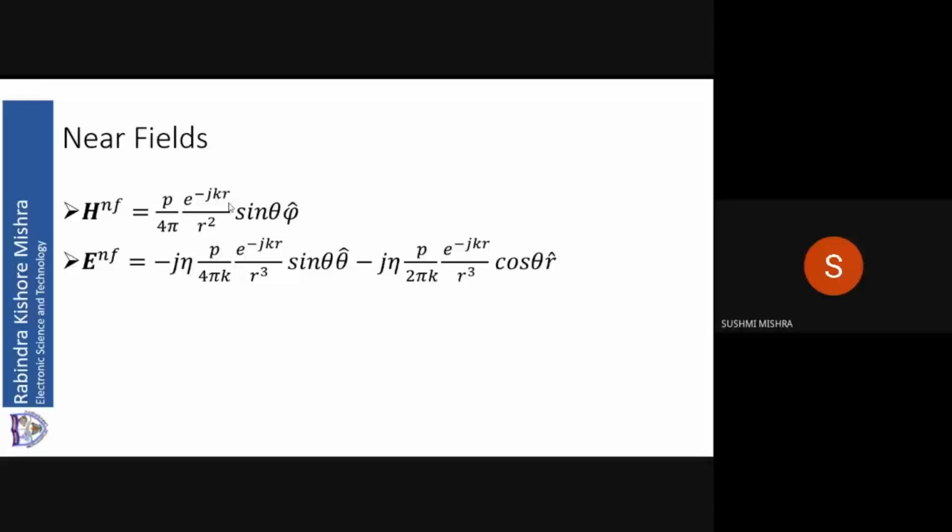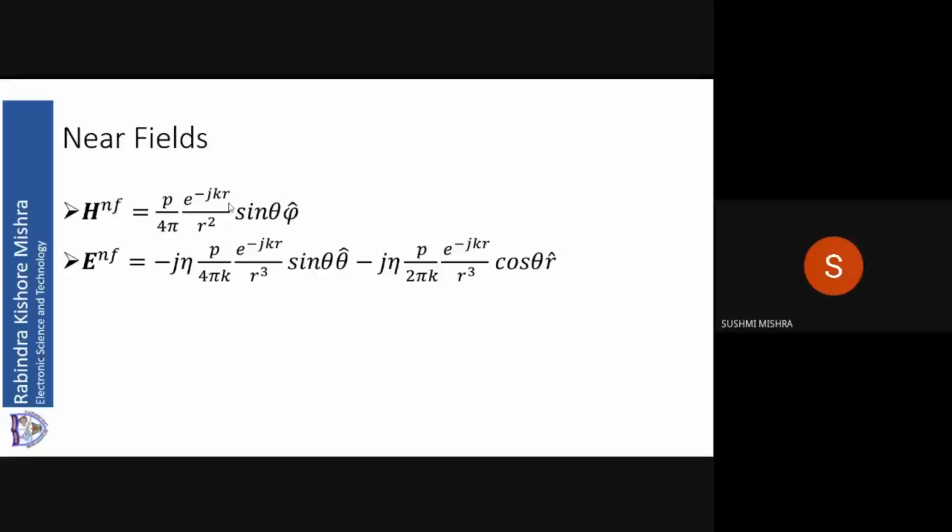If it is the stored field, then look at the electric field components. The electric field has two components, theta component and r component, and they are in phase.